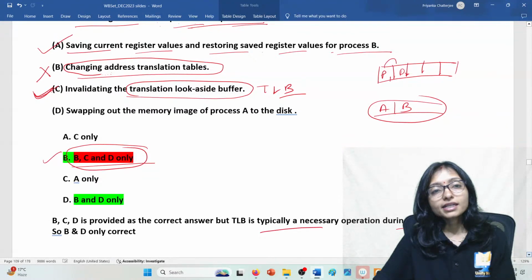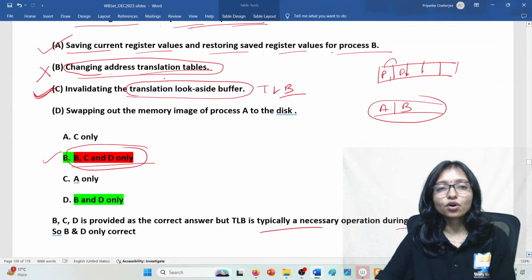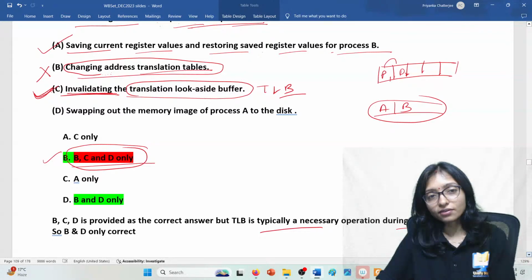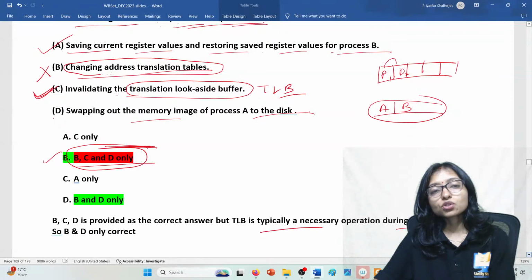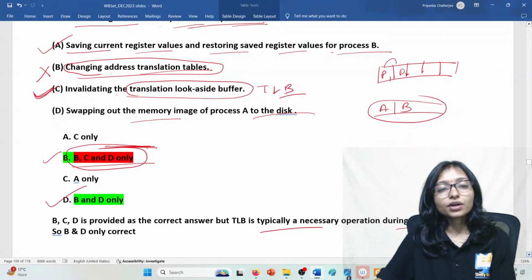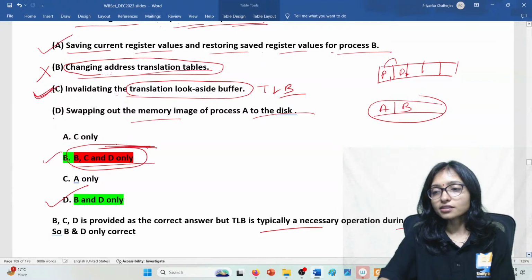So only changing the address translation table is not the answer. Invalidating is a required task, you have to do the invalidating. Invalidating is typically required, and switching out the memory image to disk is not required. So that's why, according to me, this one should be the correct answer.